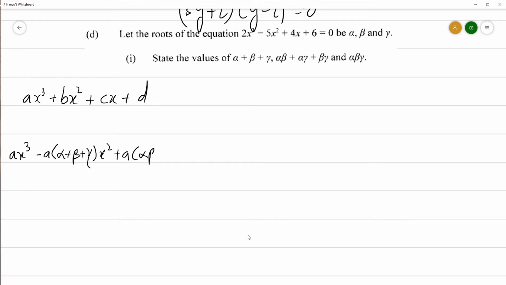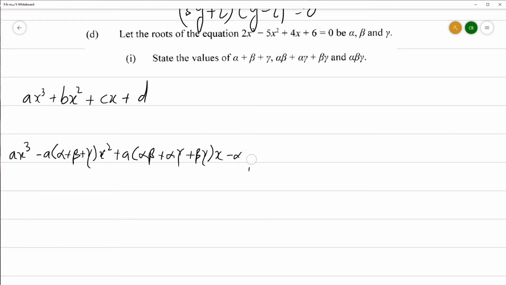You're going to take the product of two of them for each one of the terms. This is alpha beta plus alpha gamma plus beta gamma. That represents your coefficient of x. And then the last one is the product of all three, alpha, beta, gamma. And you need to stick in a in front, which I left out.